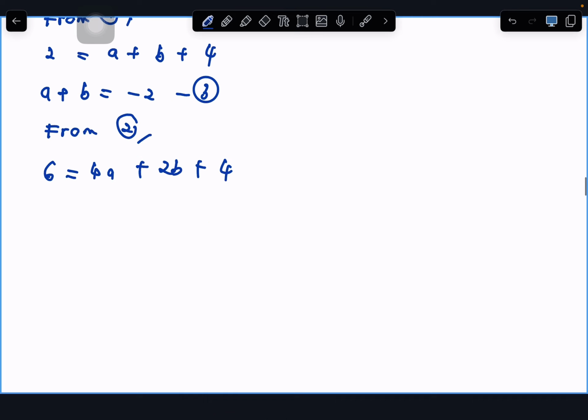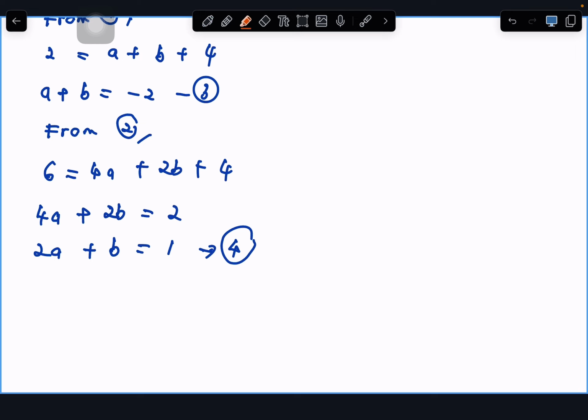What can we do? We have 4a plus 2b equals 2. Can we simplify this? Yes, we divide by 2. So we have 2a plus b equals 1. This is equation number 4.